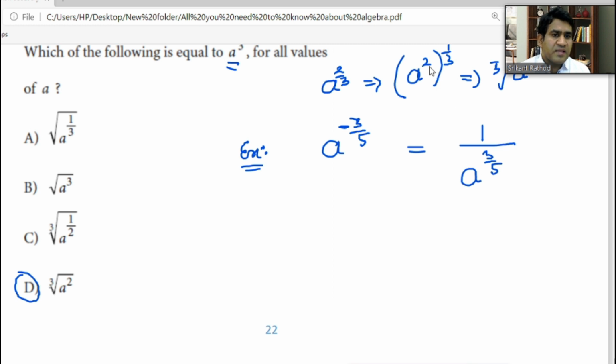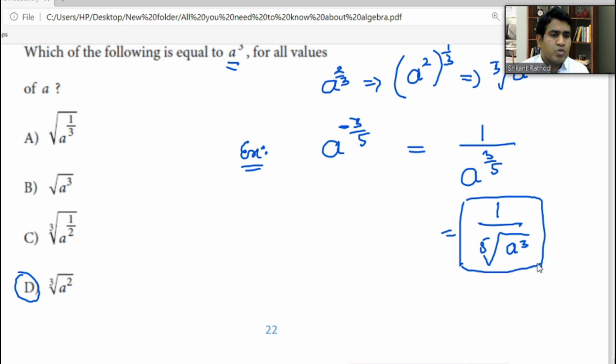Now I can apply the same approach we used. The only thing is we have to reciprocate it because of the negative sign. So I can write that as 1 over the fifth root of a cubed. If the question is related to this, that will be the option to choose.